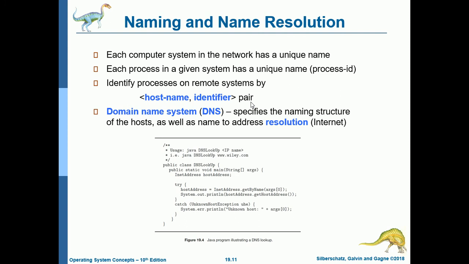It's easier to remember the name of the site than its IP address. The one responsible for translating the IP address to the name of the site is the DNS, or the Domain Name System.